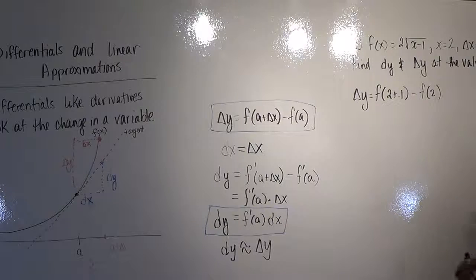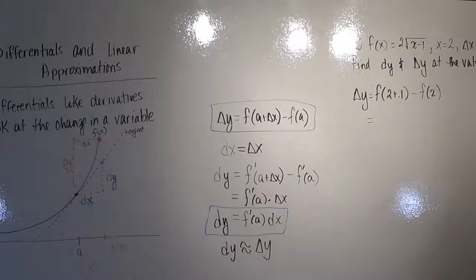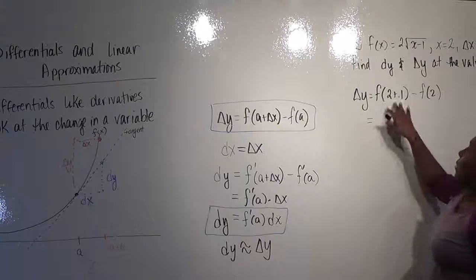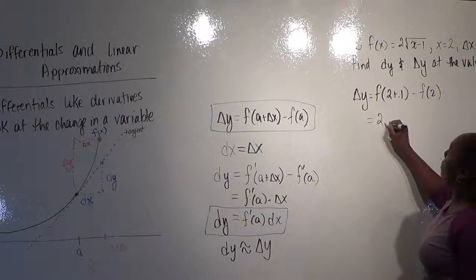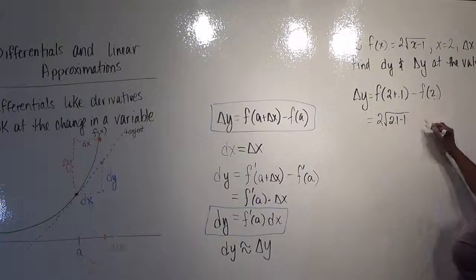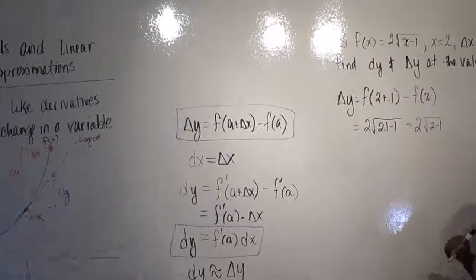Okay? And then we can plug in. So this is, again, going back to pre-calc a little bit, but that's okay. F of 2 plus 0.1, well, that's just 2.1. So we're looking at 2 square roots of 2.1 minus 1, minus our f of 2, which is going to be 2 square roots of 2 minus 1.